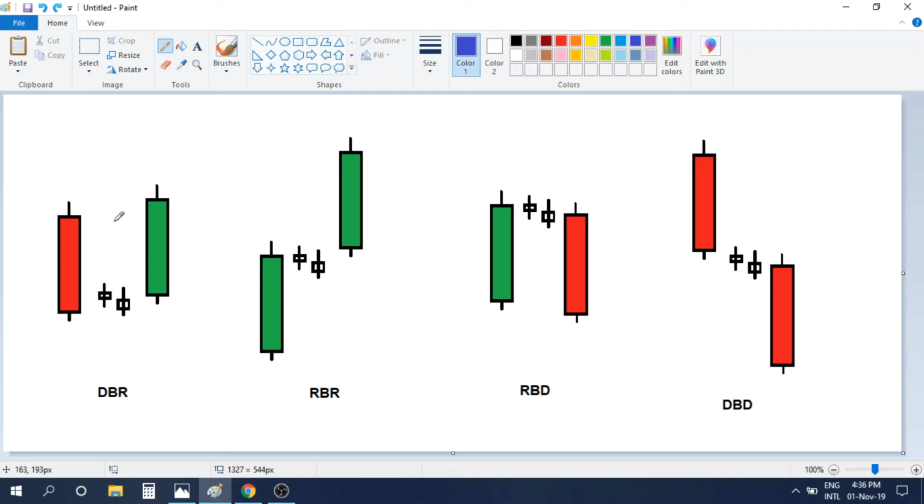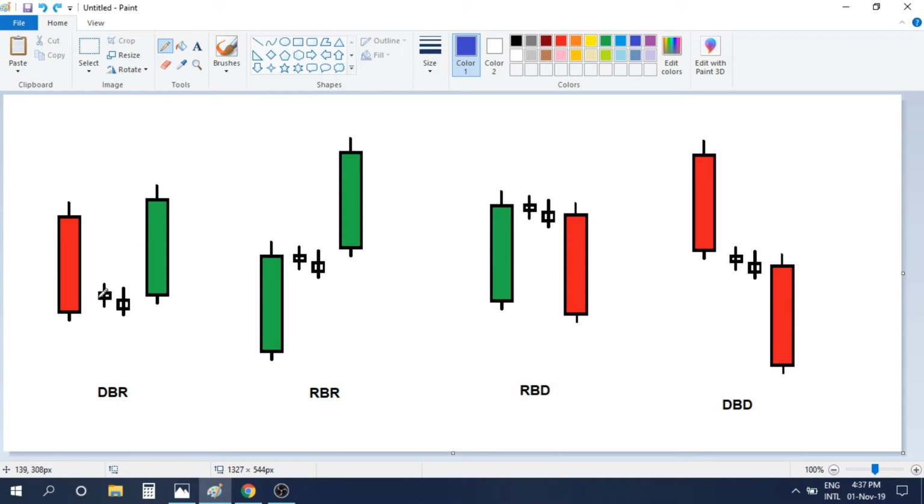The second way to mark the zone is a bit conservative. In that particular way, you look at the highest among the highest of the bodies of the basing candles. In this particular example, we have two kinds of doji basing candles, and the highest upper body among these is this one, this price area, right?